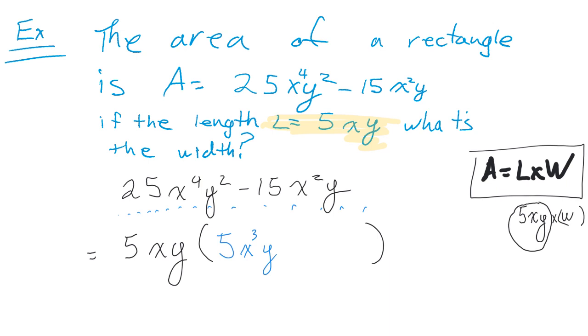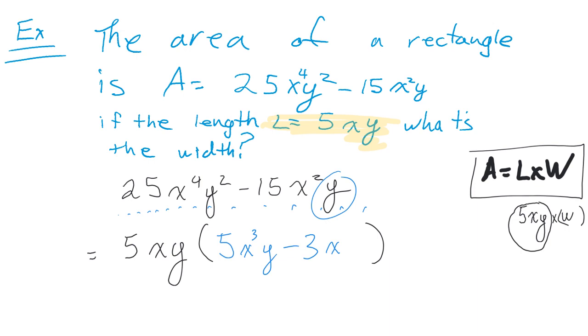Then bring down the minus sign. We have 15 and 5. 15 divided by 5 is 3. Then x squared divided by x gives us x. And y divided by y is 1, which is nothing.